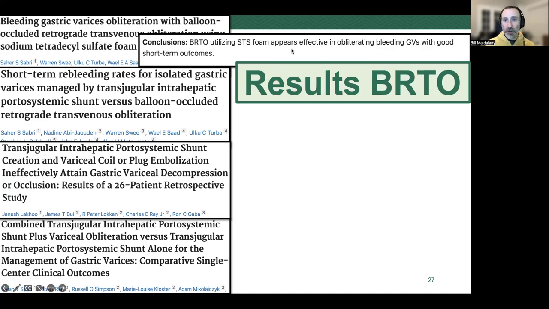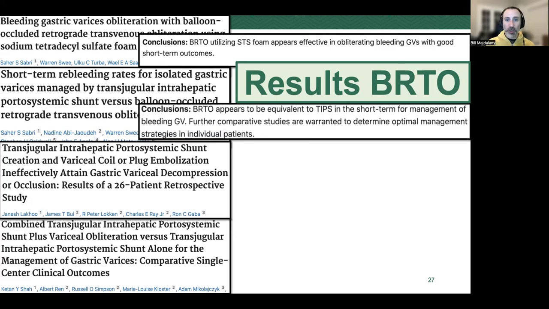And the BRTO, initially was described as effective in obliterating bleeding gastric varices with good short-term outcomes. Really important to know that. The short-term rebleeding rates, they compared to BRTO with TIPS, and essentially, if the BRTO was technically successful, the rebleeding rates were at least equivalent to TIPS in the short-term management.